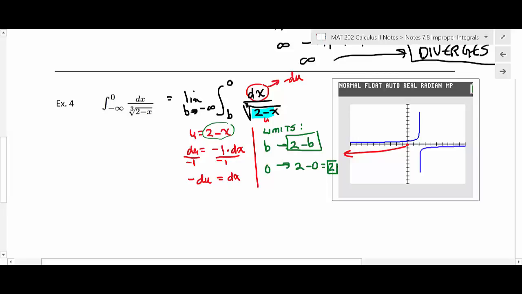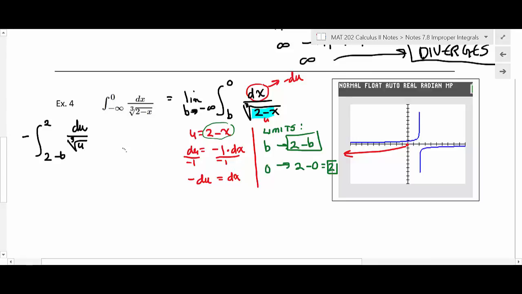The b became 2 minus b, the 0 became 2. So we've got that now. Then we're going to integrate the cube root of u, and that's negative du, so I'm going to put the negative there and then the du. Okay, so that's what we're going to focus on integrating.